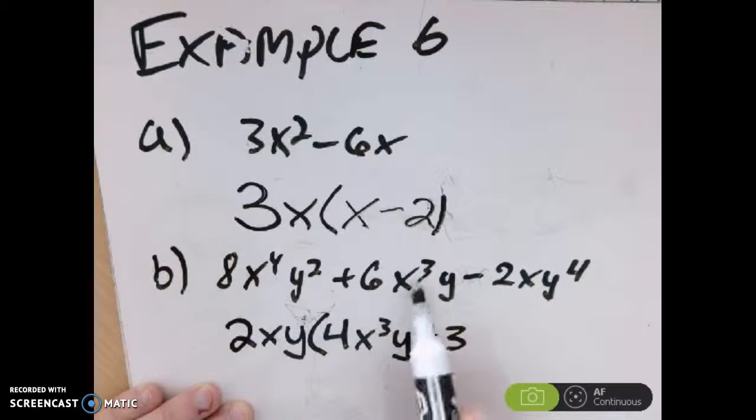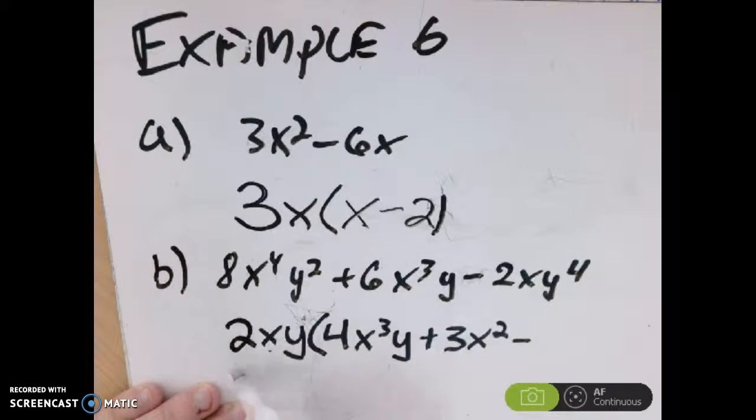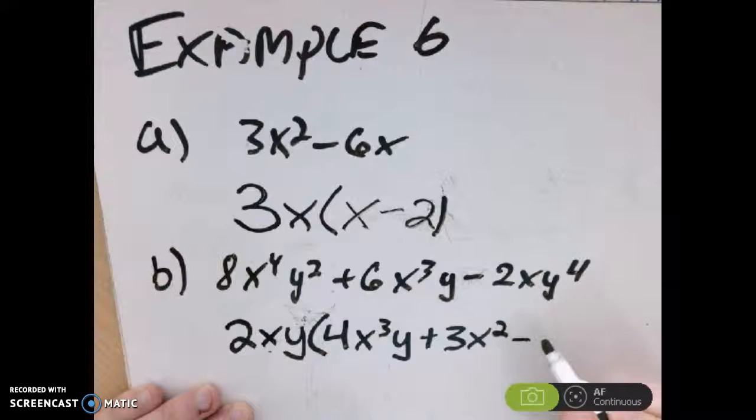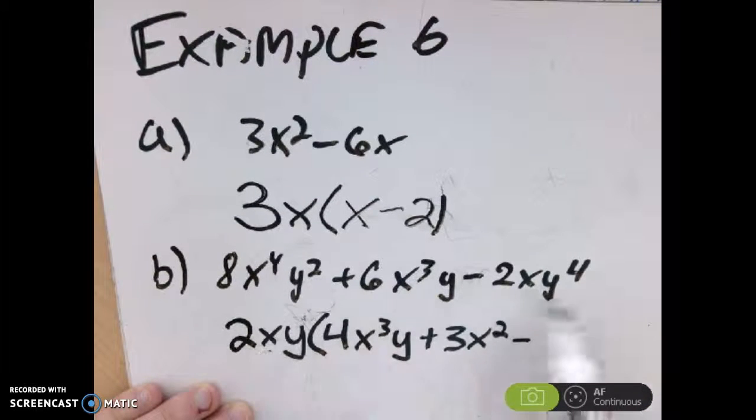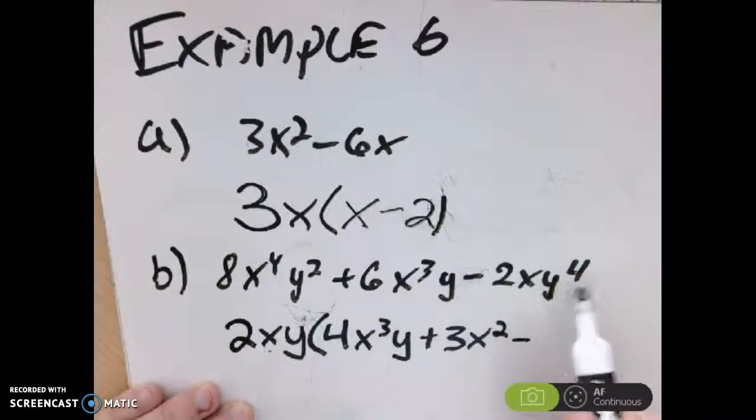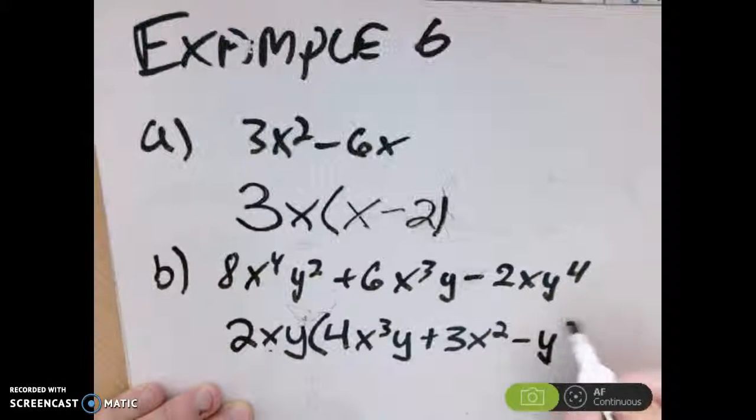Taking 1x out of x cubed leaves x squared, and a y out of y cancels. Then I have my negative 2; taking a 2 out leaves negative 1. An x out of x leaves 1, and taking a y out of y to the fourth leaves y to the third.